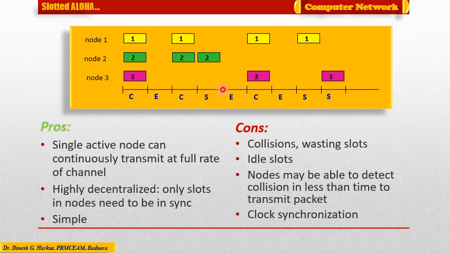So we can term this slot S as a successful slot. S indicates a successful slot, C indicates the slots with collision, and E indicates the empty slots because these slots were not used by any of the nodes. These are the certain drawbacks of slotted ALOHA.